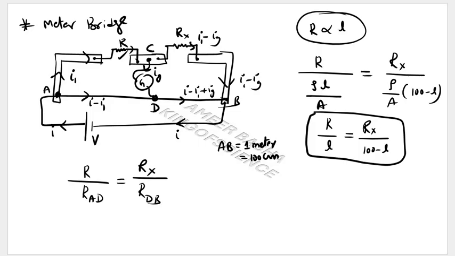Next, the important thing I want to discuss here is the potentiometer. Obviously the potentiometer is also just like the meter bridge, but the length of the wire here is unlimited.